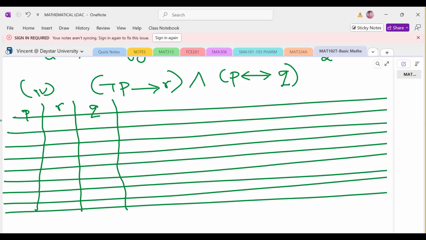Not P implies R, isn't it? This first bracket, okay? Not P implies R. Then next, we define the next one.